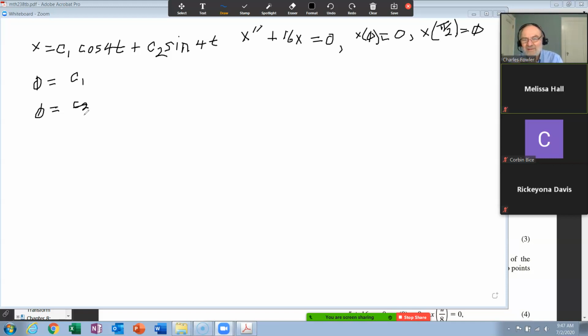So C2 remains your arbitrary coefficient.